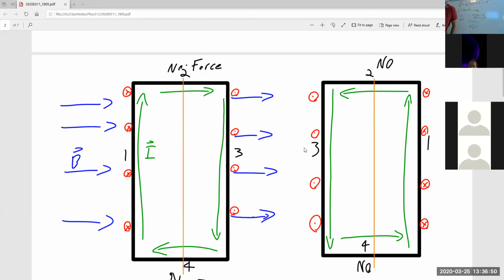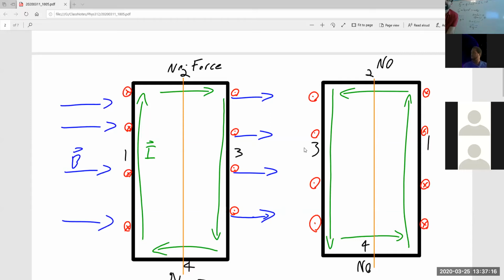And we found that if you have a loop of current going around, on the left, you can see the black is basically a wire, and it's taking current around clockwise.